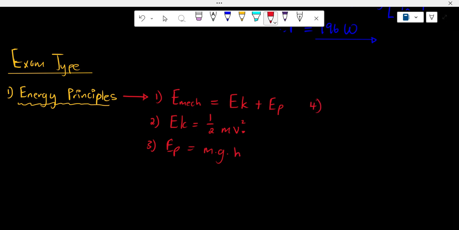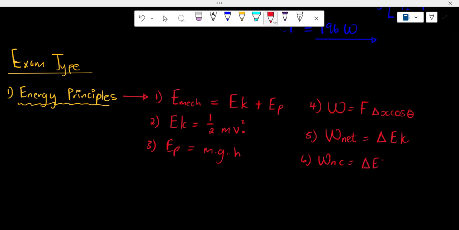The fourth one would be your work done, F delta x cosine of theta. The fifth one would be the work energy theorem. And the sixth one would be the work done by non-conservative force. Remember, we've done this already.